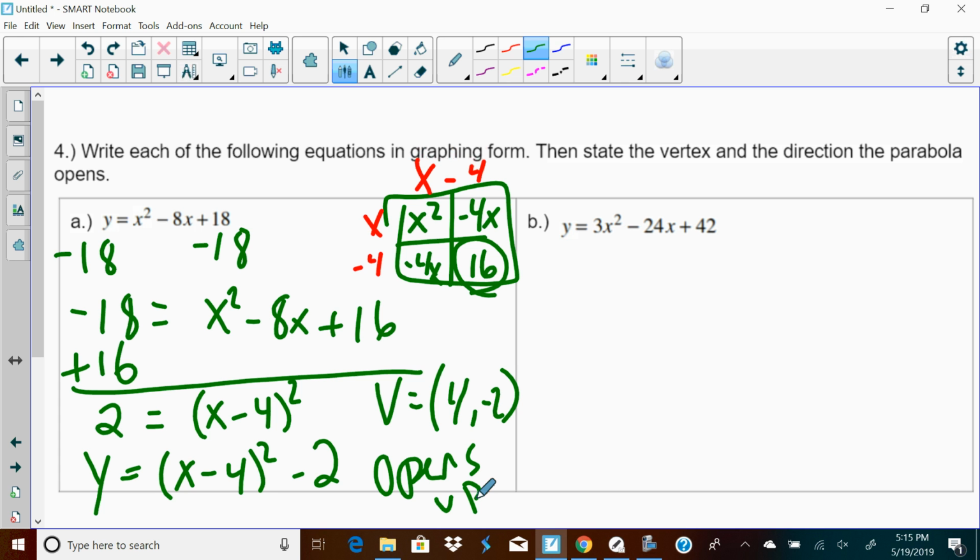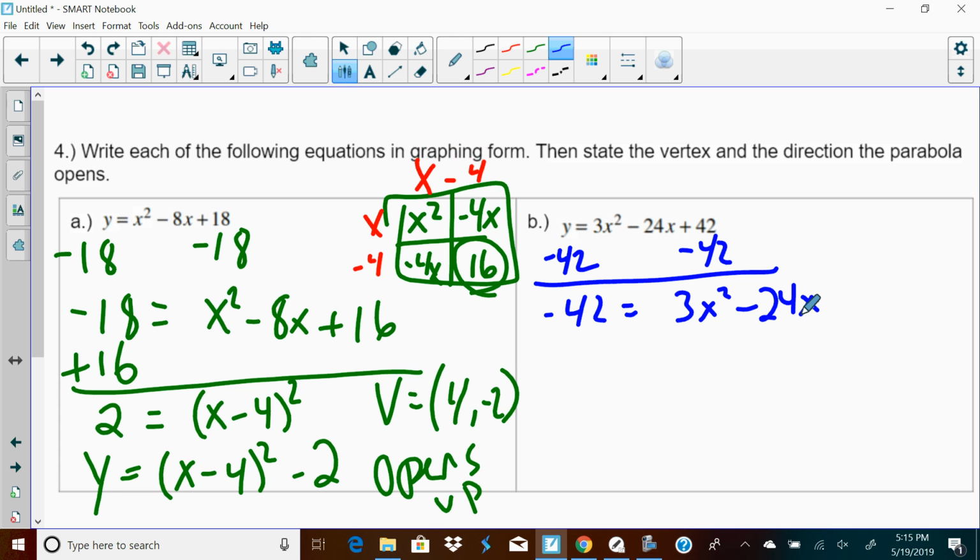So part B, I'm going to subtract 42 from both sides. So I'm going to get negative 42 equals 3x squared minus 24x. So I have to have a to be 1. So I'm going to pull a 3 out. So now I have negative 42 equals 3 groups of x squared minus 8x. When I complete the square, I know I'm going to add 16 because I found it in the last problem.